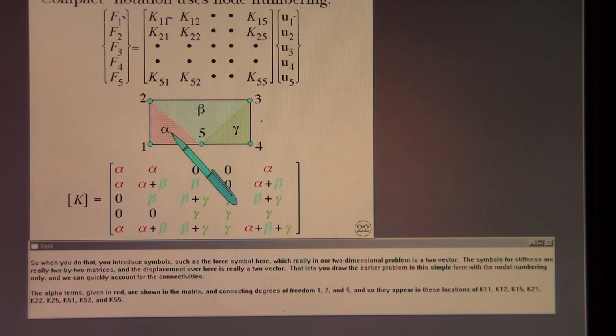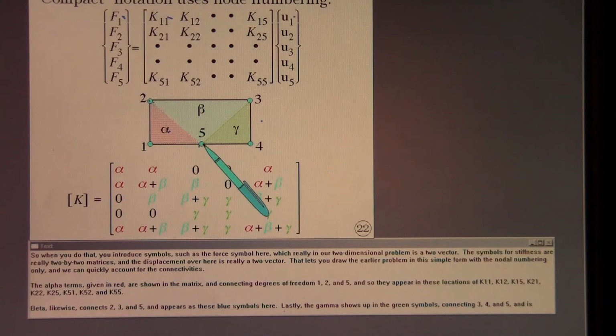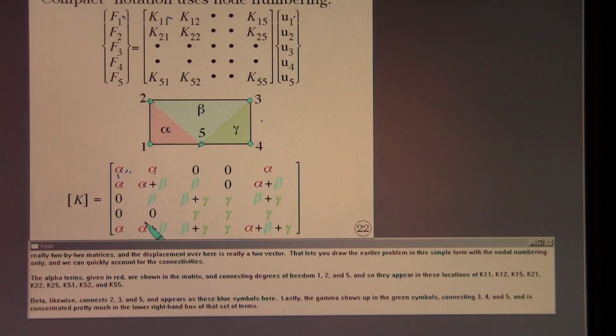The alpha terms given in red are shown in the matrix and connecting degrees of freedom 1, 2, and 5. And so they appear in these locations of K11, K12, K15, K21, K22, K25, K51, K52, and K55.